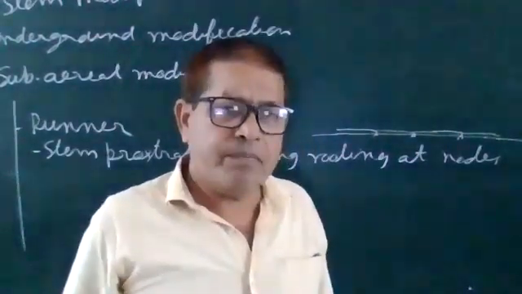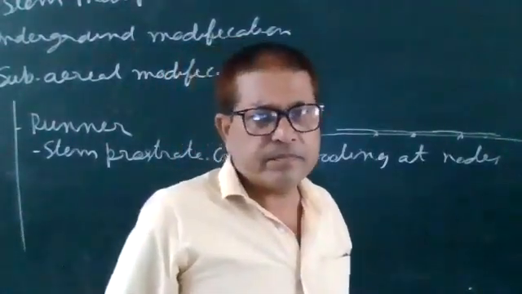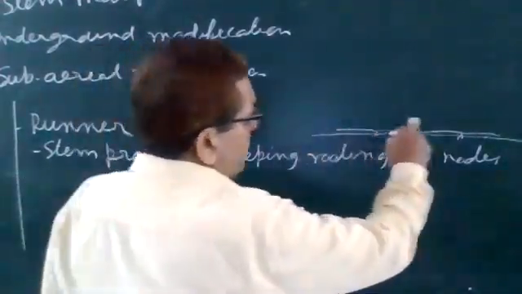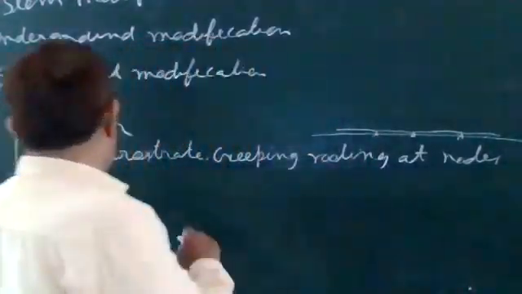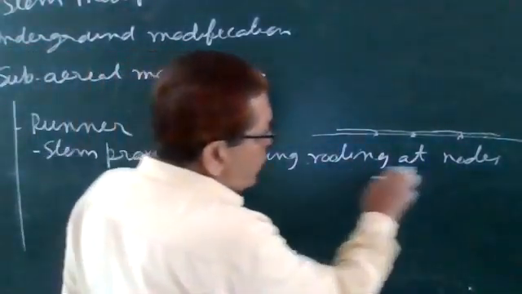These stems are not woody. They are weak stems, so they move in this way. Stem prostrate, creeping, rooting at the nodes.